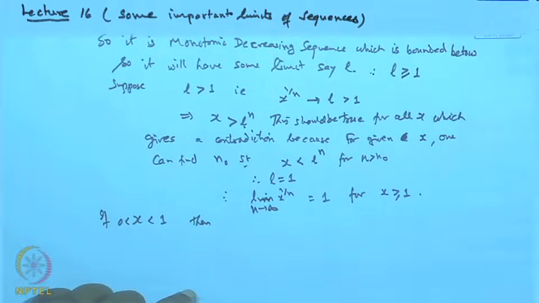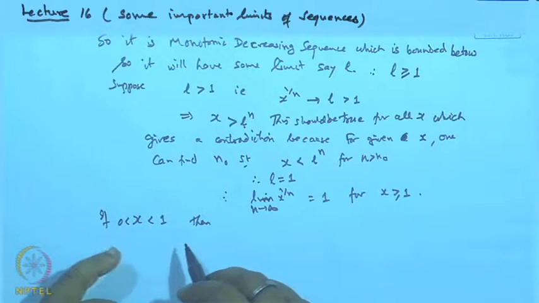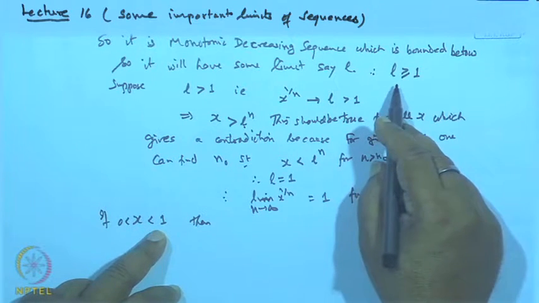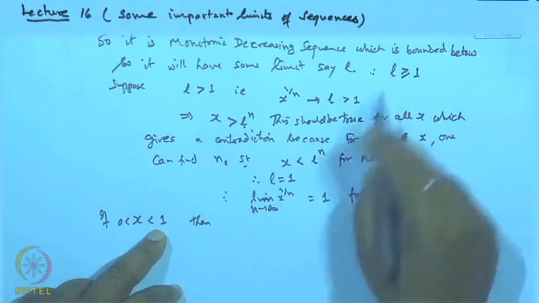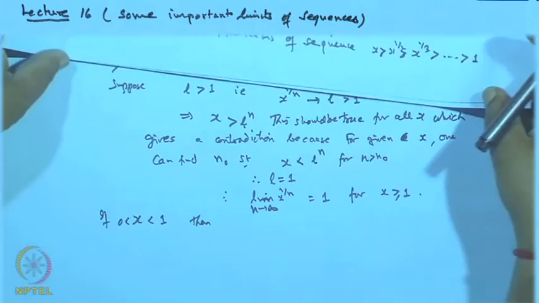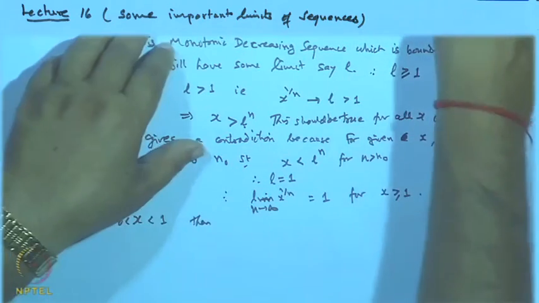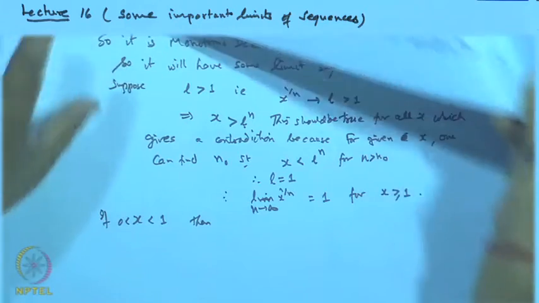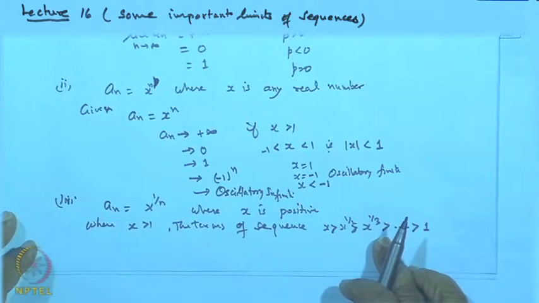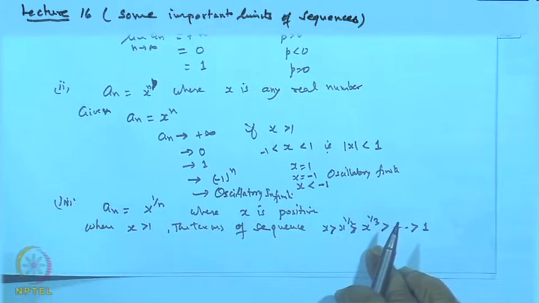So, we can get a contradiction here again, because x is less than 1, and we are choosing the limit L. If x is less than 1, what is the behavior of this sequence? The terms of this sequence keep on increasing, is it not?